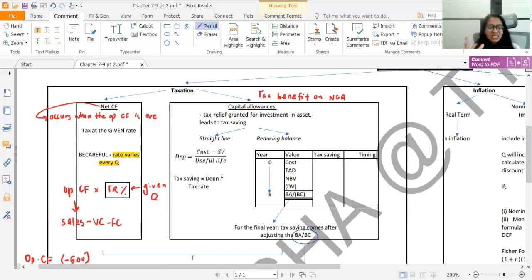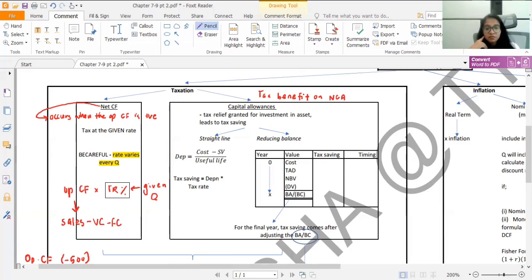Because I mentioned the word depreciation, you now need to understand that there are two methods to calculate depreciation. Number one, the straight line method. And number two, the reducing balance basis.